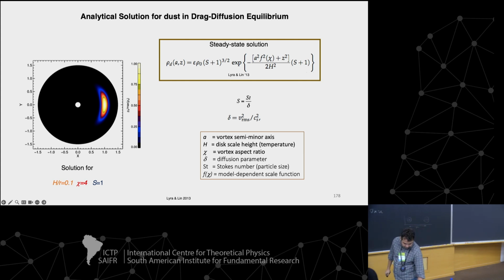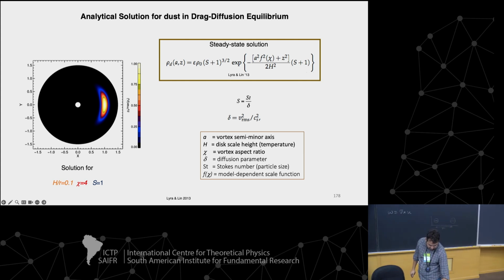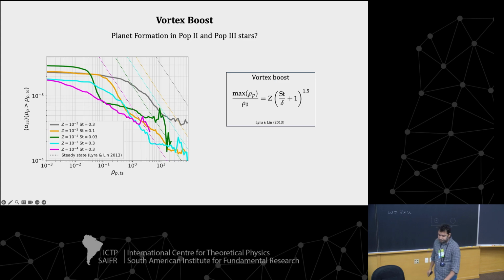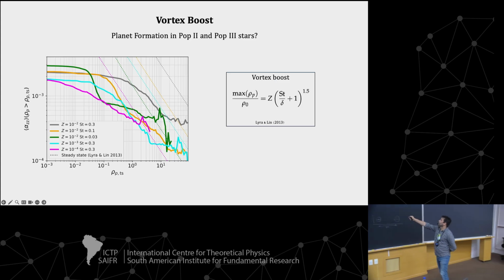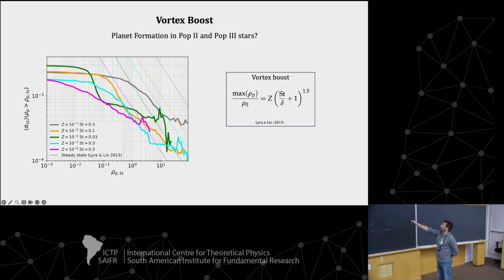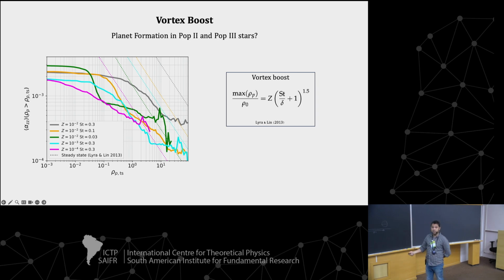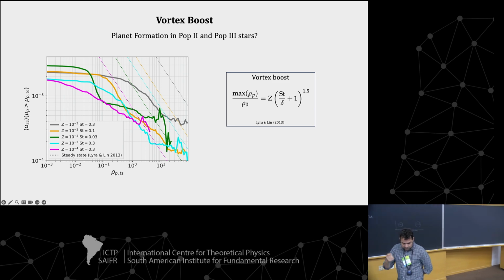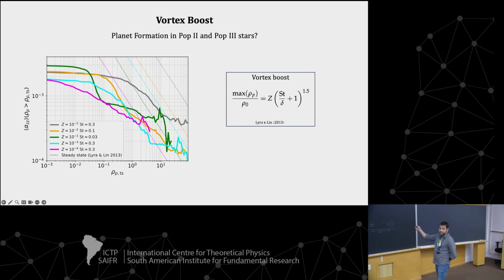That is the vortex boost that I was talking about. There you go. If this quantity here, the left-hand side quantity, goes above 1, then you can trigger the streaming instability. If it goes to the Roche density, then you have a direct gravitational collapse.